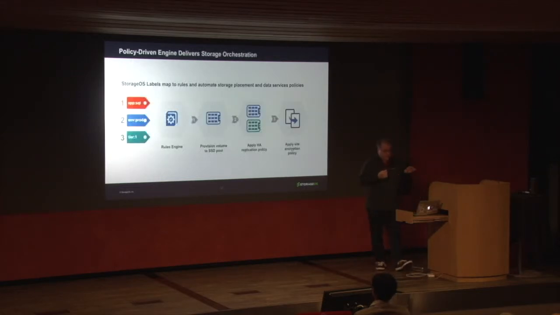We also wrap all of this up with an automated policy engine, which takes the labels that you apply to your pods or your volumes and wraps that with placement and policy decisions. So for example, you could say, if I have a production database label applied, I will automatically put it on the fastest SSD pool, I will run 2 replicas, and I will apply this set of encryption keys.